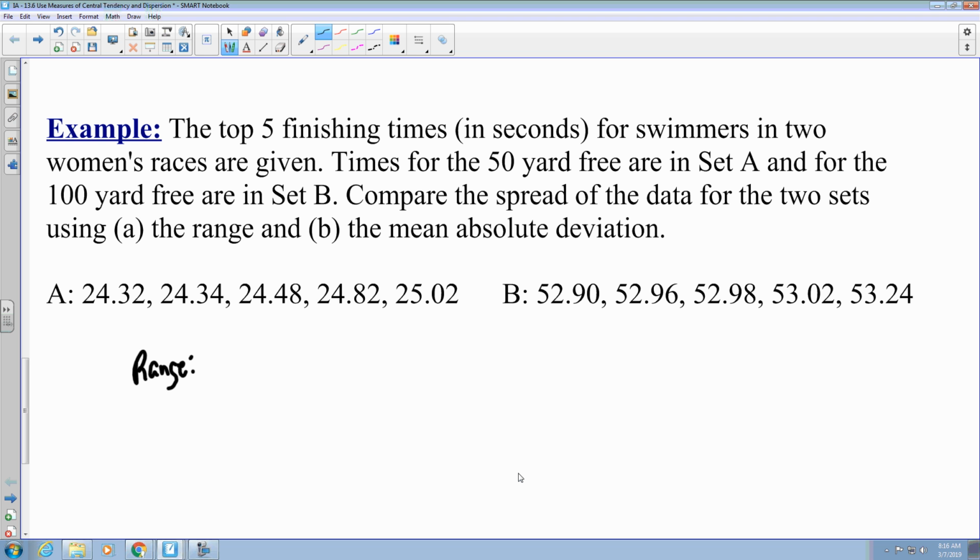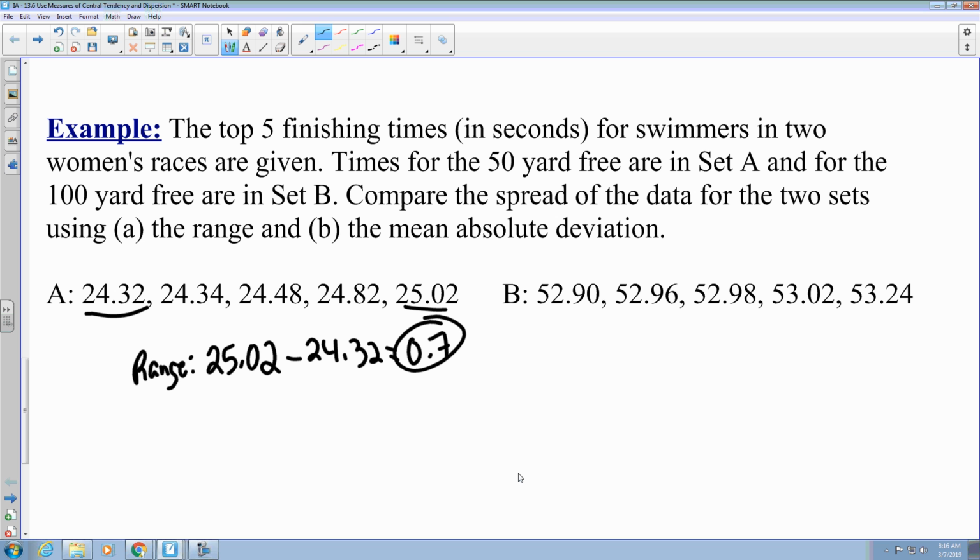Anytime you're looking at these different sets, make sure they're in numerical order: 24.32, 24.34, 24.48, 24.82, 25.02. We're good there. To find the range, you take your largest value, 25.02, and subtract the smallest, 24.32, and that's equal to 0.7.